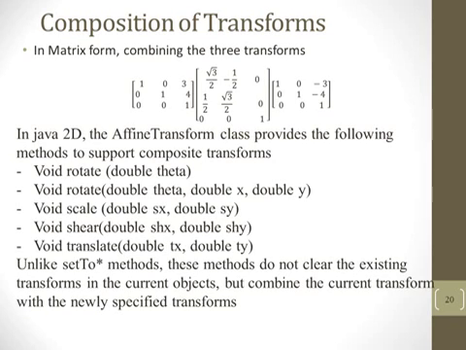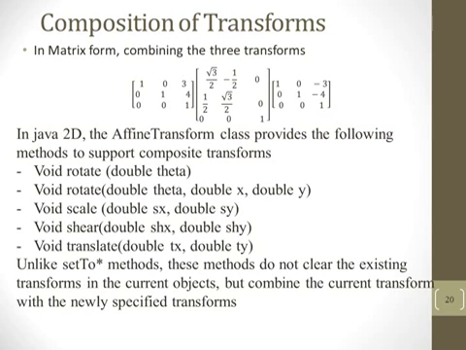In Java 2D, the AffineTransform class provides these methods to support composite transforms. First, we have rotate: rotate by angle theta, rotate by angle theta about the point x, y, scale, shear, translate.